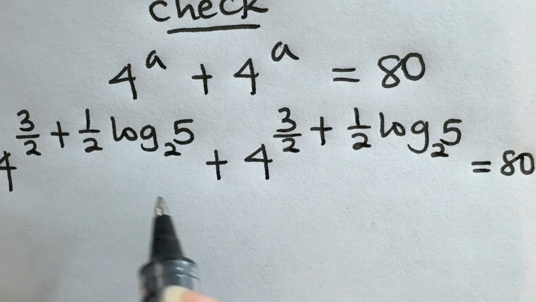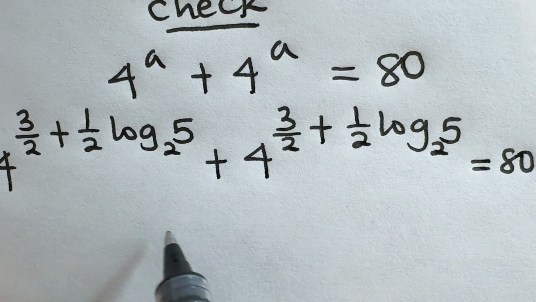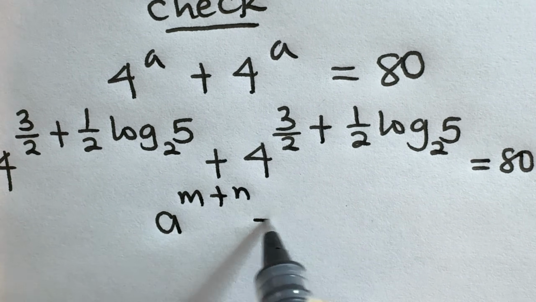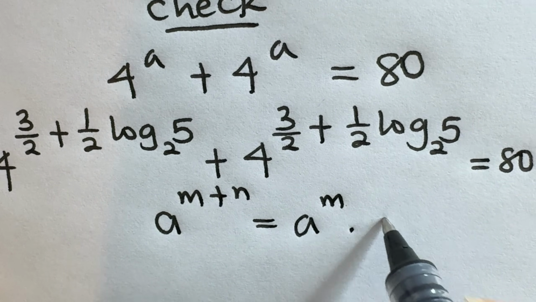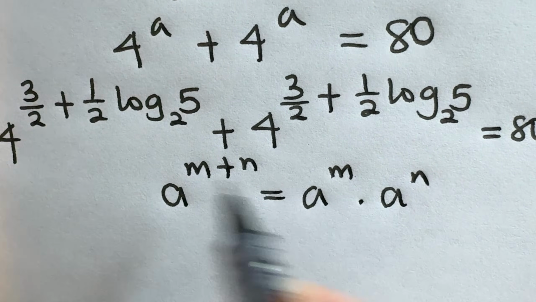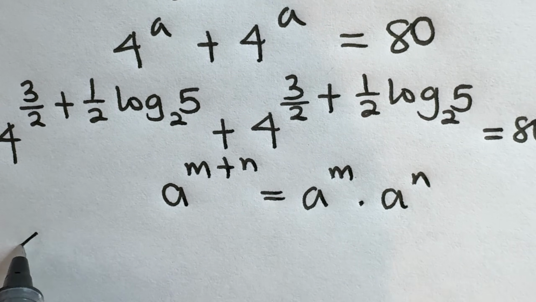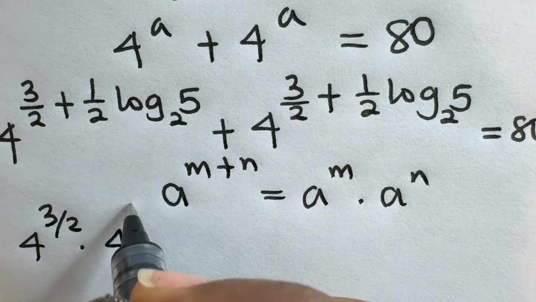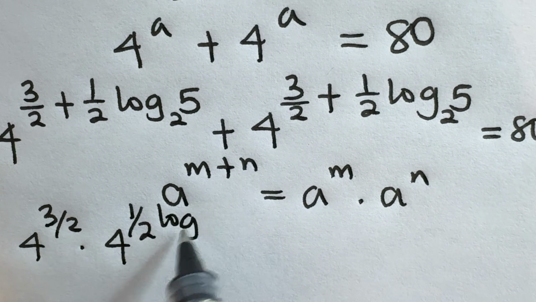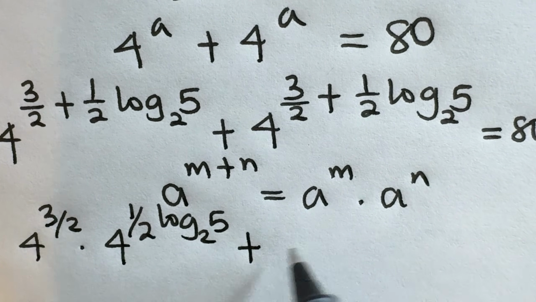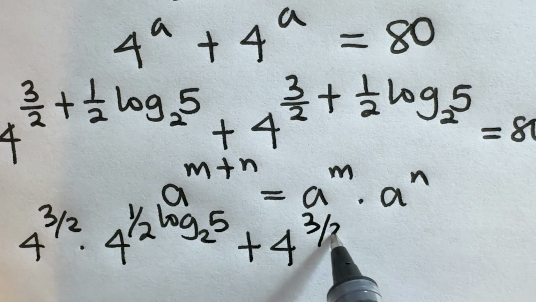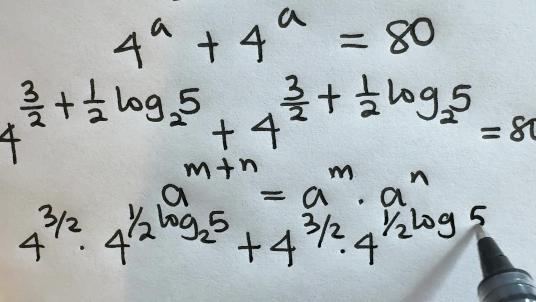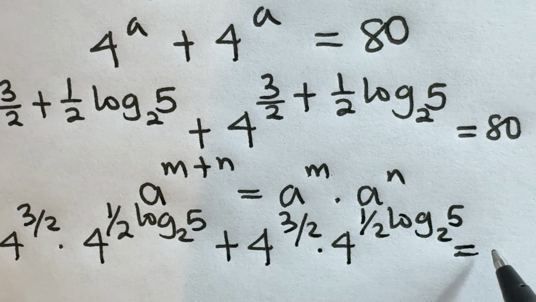Let us separate these powers. To do that, I'll use this law of indices. A raised to power m plus n will give us a raised to power m times a raised to power n. So each of these will now become 4 raised to power 3 over 2 times 4 raised to power 1 over 2 log 5 base 2 plus 4 raised to power 3 over 2 times 4 raised to power 1 over 2 log 5 base 2 to give us 80.